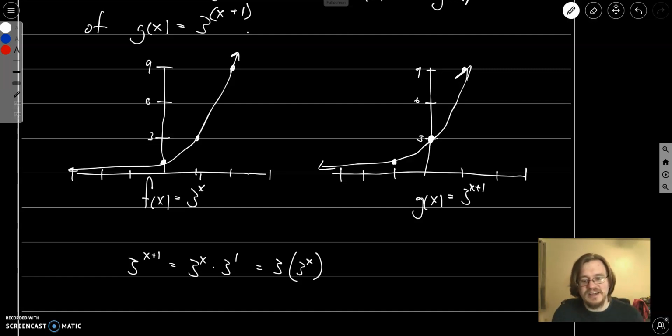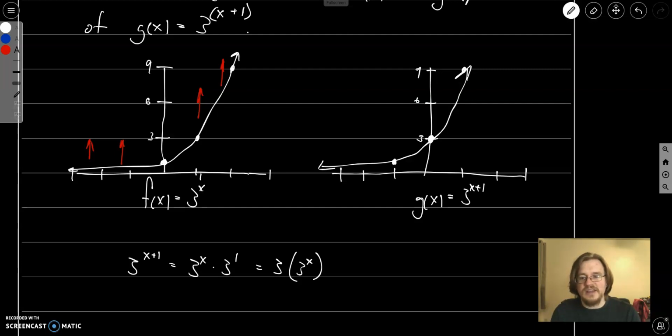And 3 times a function is the same thing as shifting it. Sorry, I shouldn't say shift. This is the same thing as a vertical stretch. So I'm taking my function and I am stretching it up by a factor of 3. And wouldn't you know it, if we're going through 1 at this point and you stretch it up by a factor of 3, it goes up to 3.